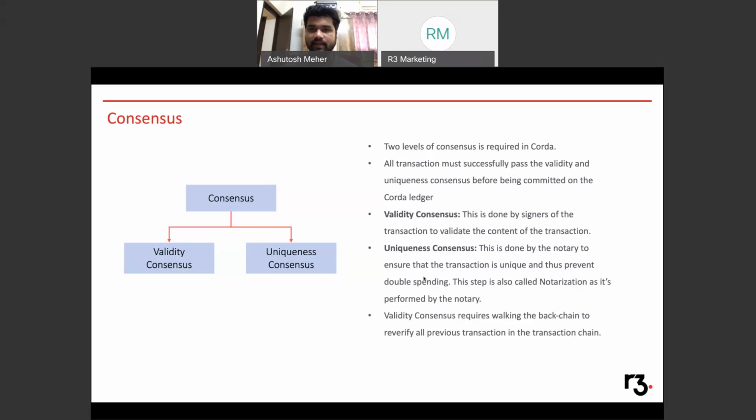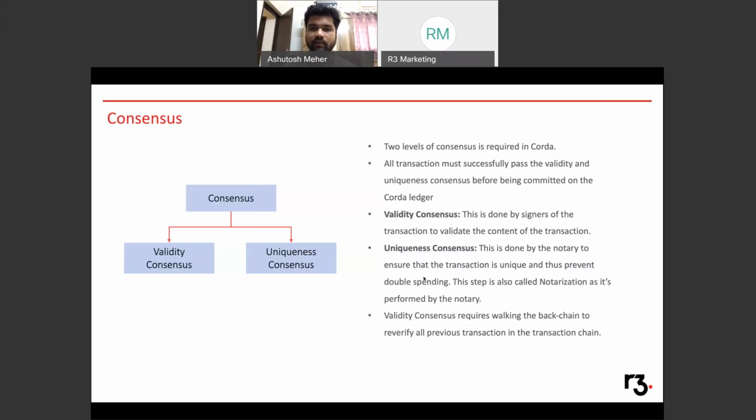That means that whenever you do a validity consensus, you can't really check for double spend, because you may not have the previous information about a particular state that was just shared with you. You are getting involved in a transaction of an asset, and you didn't know about the history of that asset because you were not part of the transactions that happened with it in the past. So you can't make sure whether the asset you're receiving is unique or not.